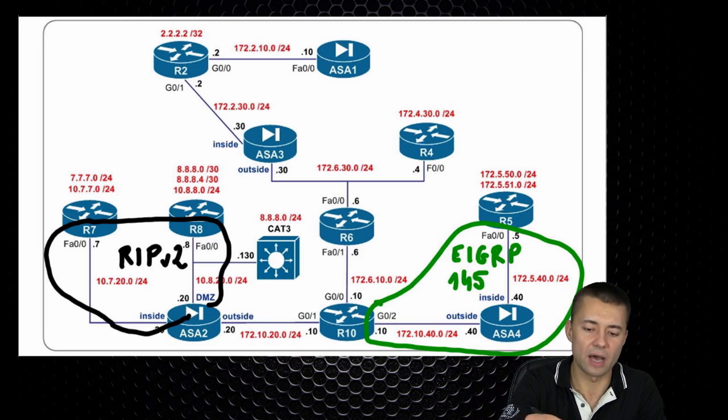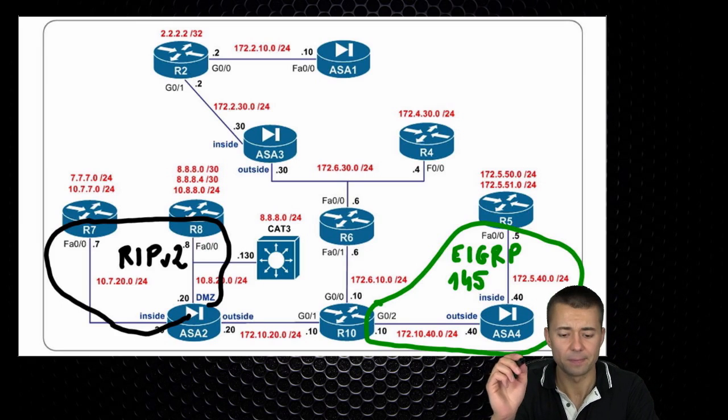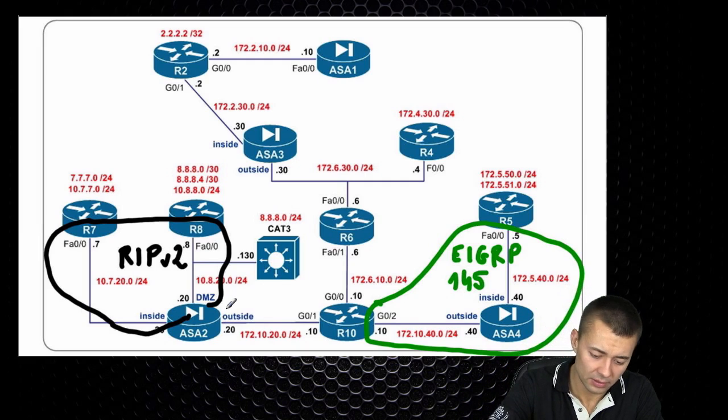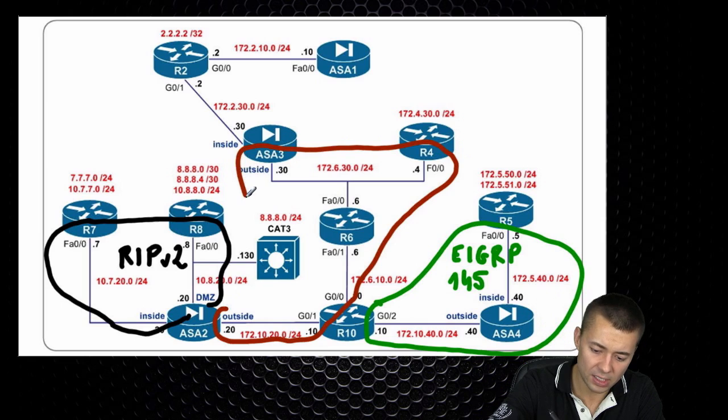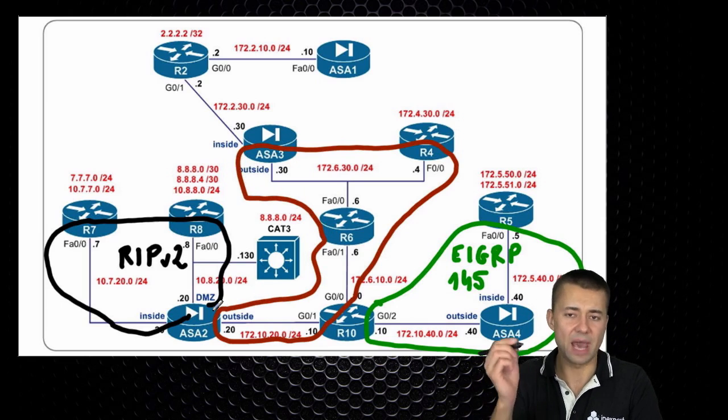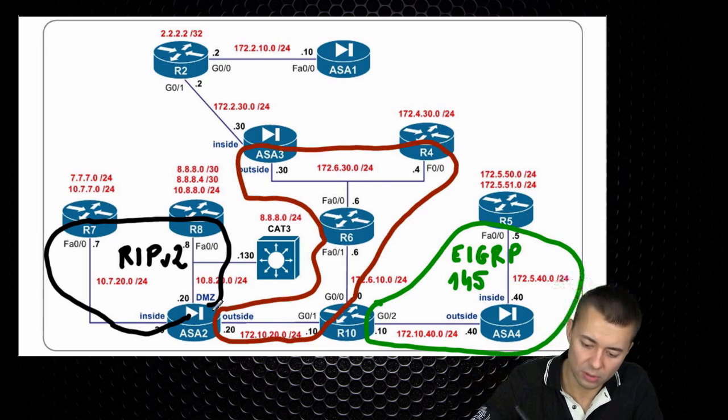And finally, we also have OSPF. We will use two areas in this network. Outside of the ASA, the interfaces of router 10 up to ASA 3, and then back to the ASA, this is going to be the backbone, so our area 0.